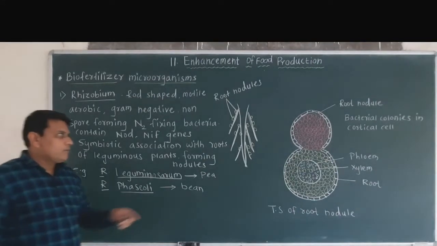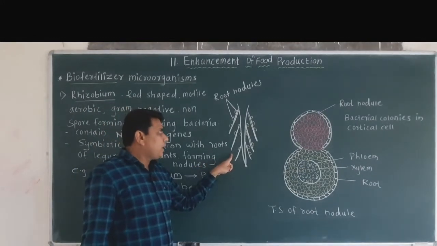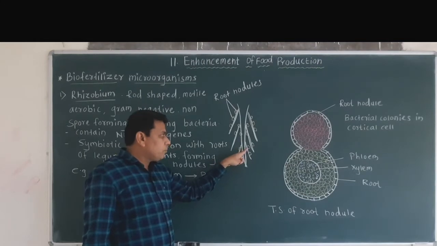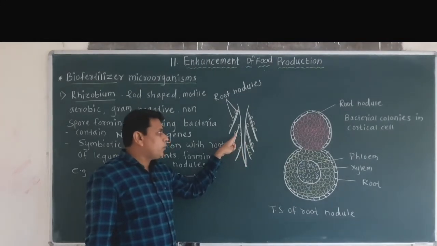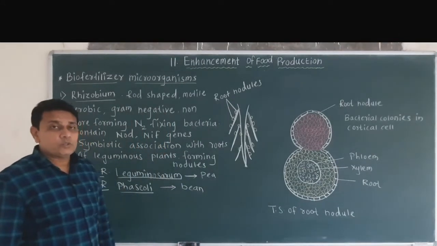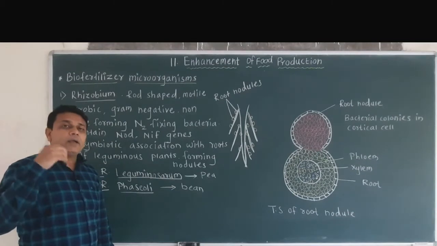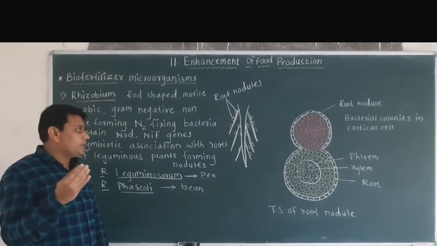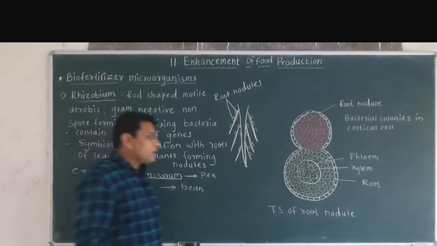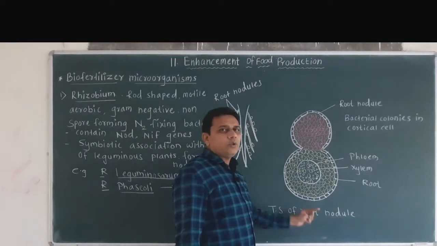Now here we can see the root of a leguminous plant, and on this root a number of spherical structures are developed, and these are called root nodules. Inside these root nodules the bacteria multiply and live there, and here is the transverse section of a root nodule.